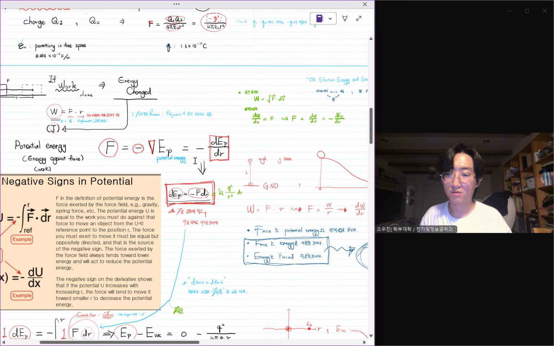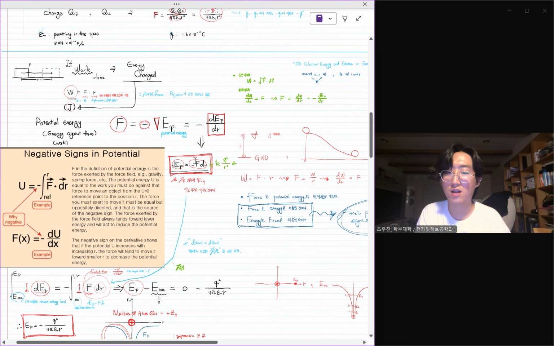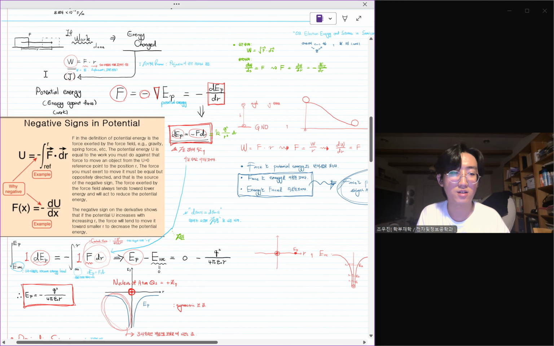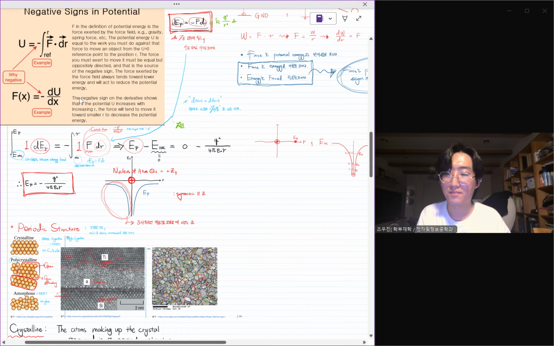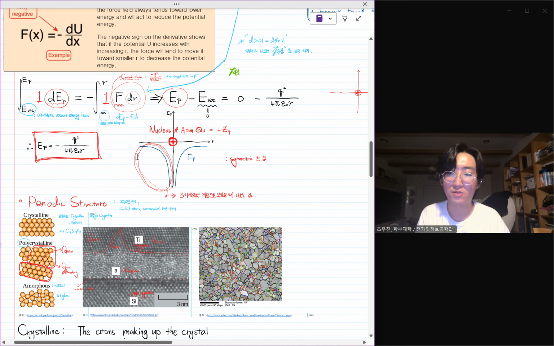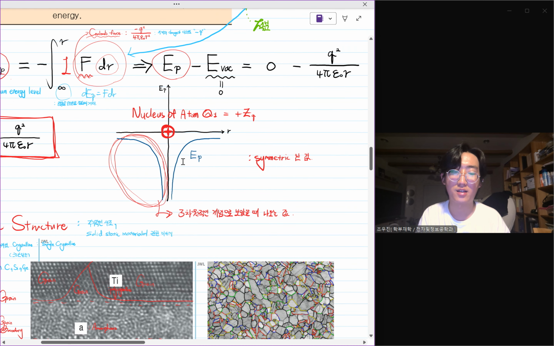Next, here is how you can get the potential energy. And you can finally notice that potential energy is related to radius.